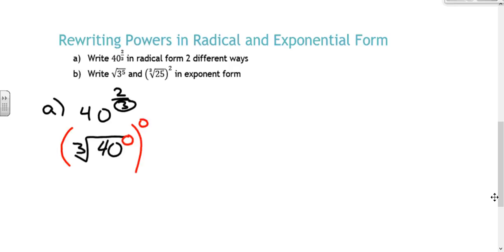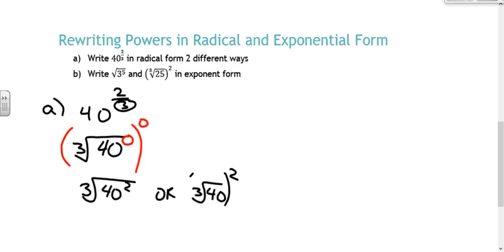So what does that look like? The first way it would look is the cube root of 40 squared, or the cube root of 40, all squared. It doesn't matter which way you do it, you will get the same answer in the end.